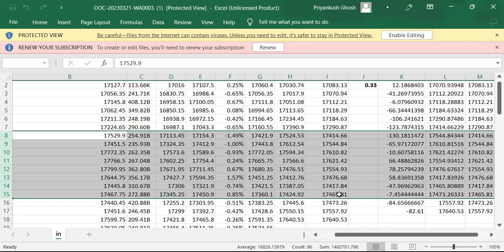So what we see is in most cases, more often than not, the exponential moving average seems to be nearer to the price action than the simple moving average. Why? Because it gives more weightage to the recent price action because of the smoothing factor.